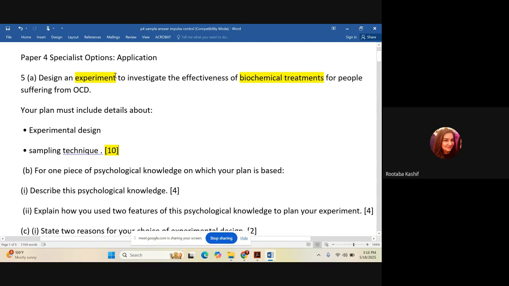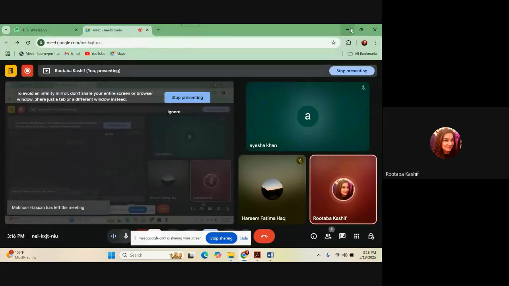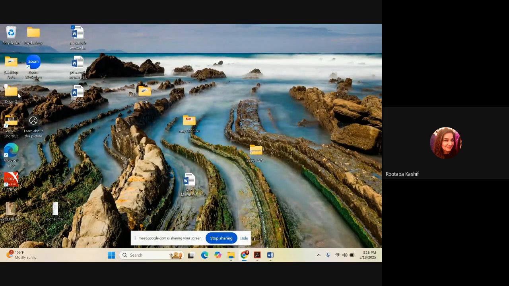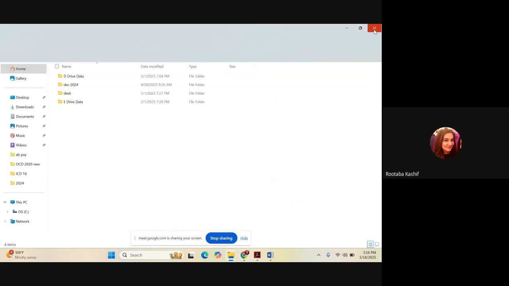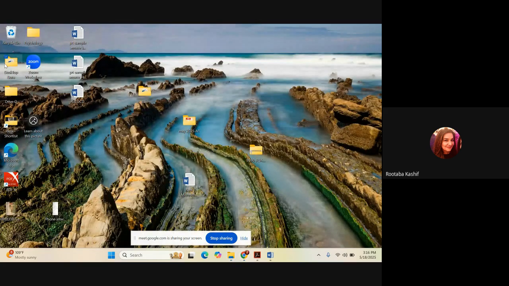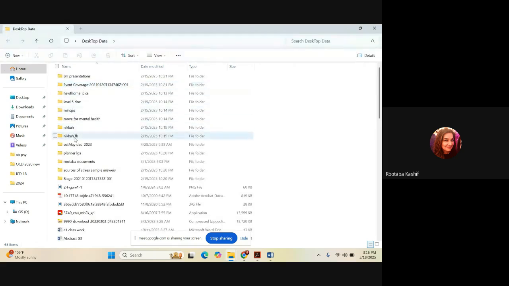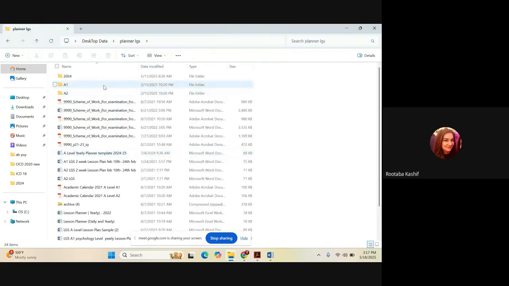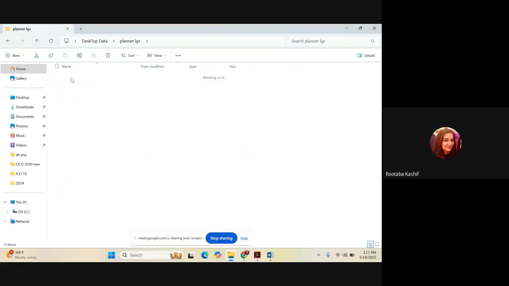Now, to design the experiment, or any research method, let me open your syllabus on page number 52. This is very important.